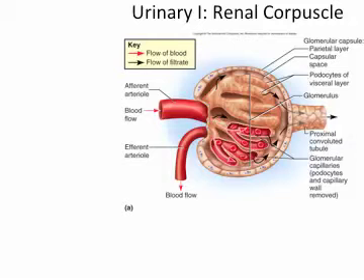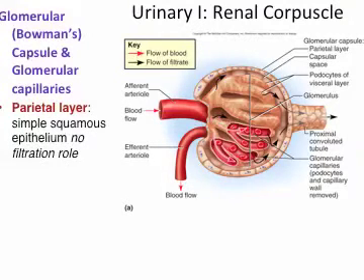Once plasma is filtered out of the glomerular capillaries into the capsular space, it continues into the kidney tubule system. It leaves the glomerular capsule and continues on in the proximal convoluted tubule.